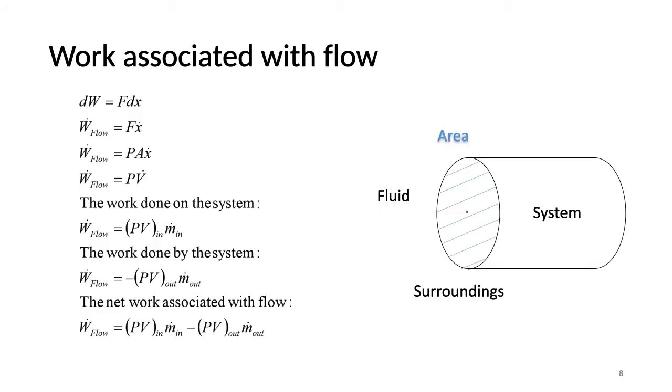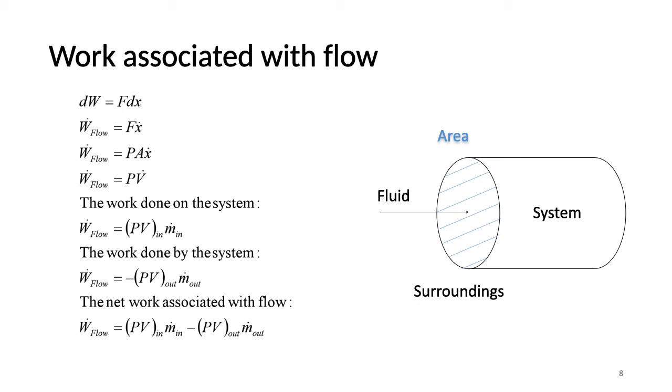There is another type of work which is the work associated with flow. For example, when a tank filled with fluid is opened through a valve, the fluid that exits from the tank pushes the surrounding fluid, doing work on the surroundings. In the same way, when high pressure fluid is flowing from surroundings into the system, the surroundings do work on the system. When a fluid is entering the system, it pushes into the system and the work is done on the system, which is positive and can be written as W dot equals F times X dot.